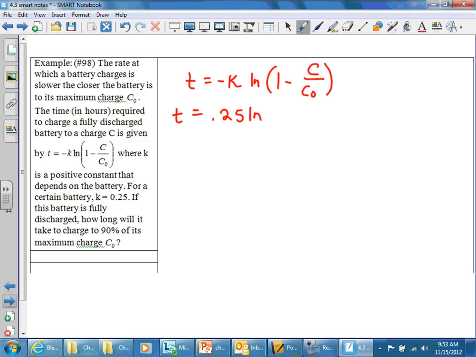When the battery is fully charged, how long will it take the charge to 90% of its maximum charge? So 90% divided by its fully charged would give me 1 minus the 0.9. So fully charged is at 100%, which is 1. So plug that into your calculator, because you do have ln, and that will take about 0.58 hours.